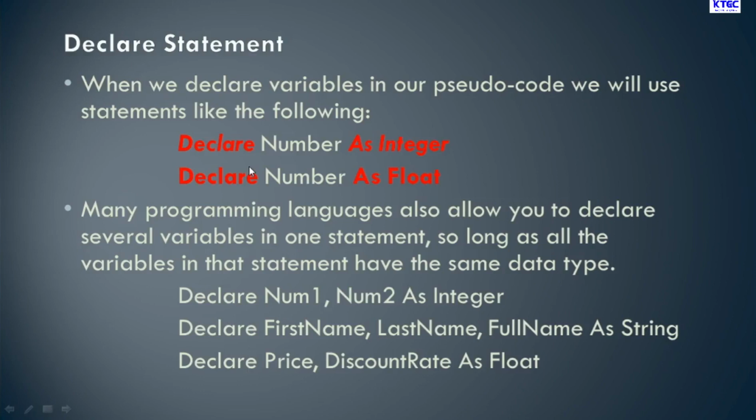So those that are going to be floats, I'll put them together and declare them at once using the comma to separate them. Those that are going to be strings, I'll also put them together and use the comma to separate them.